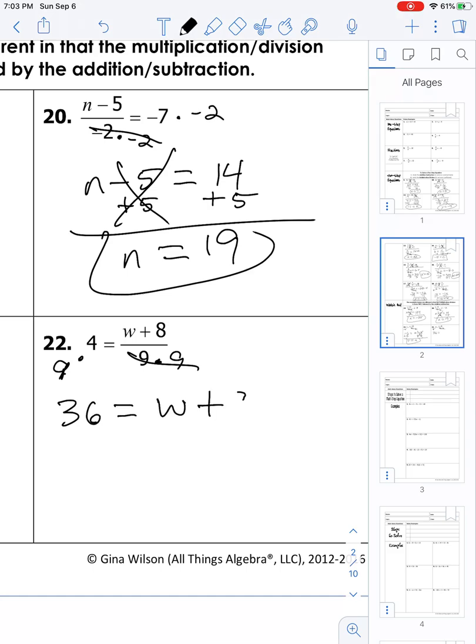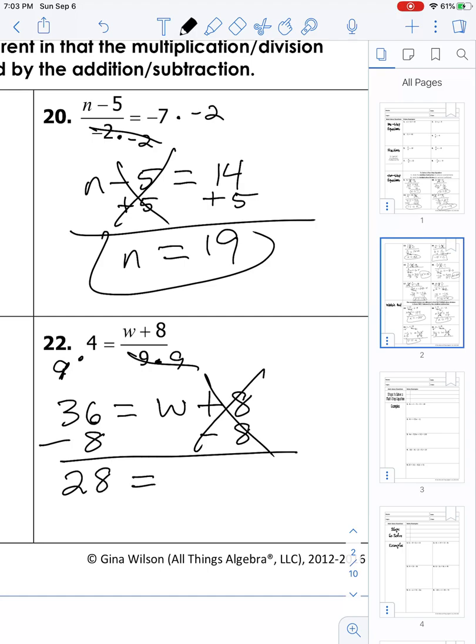Now we're going to drop down the w plus 8. Last step, we've got to get rid of the positive 8. So we're going to subtract it to the other side. That way that cancels out. And then 36 minus 8, okay, is 28 equals w. And that would be your final answer.